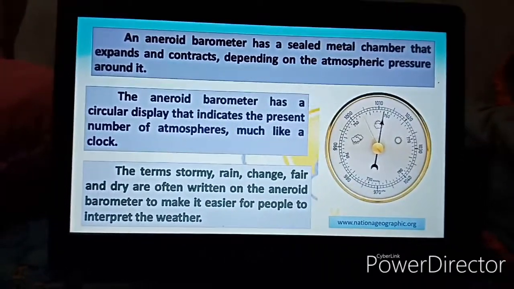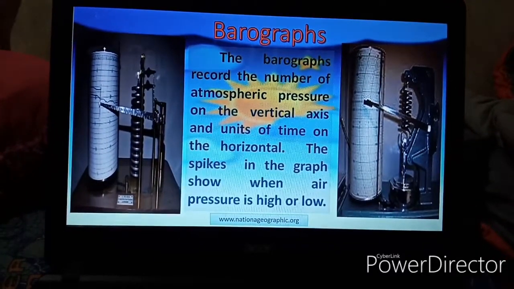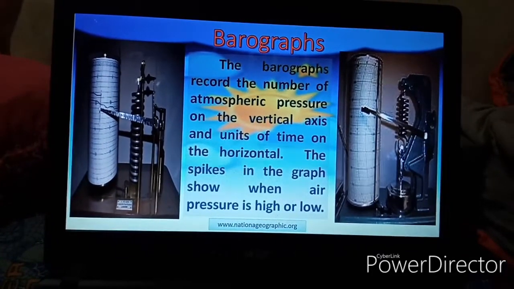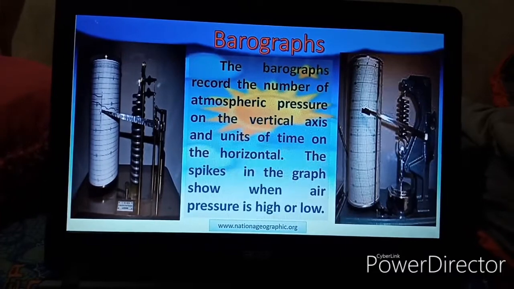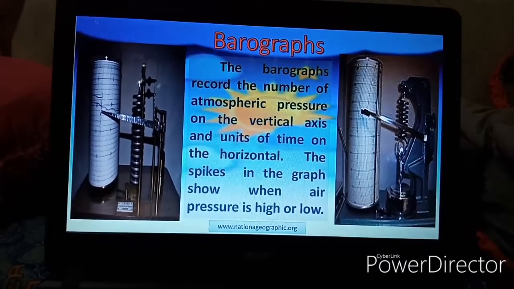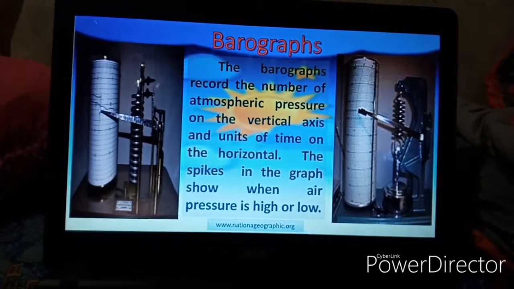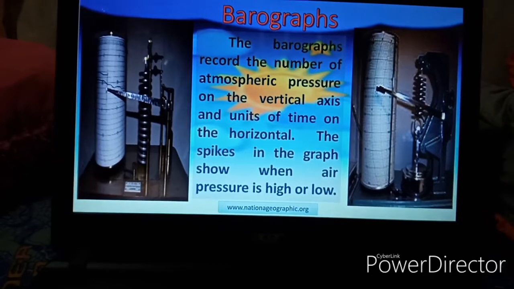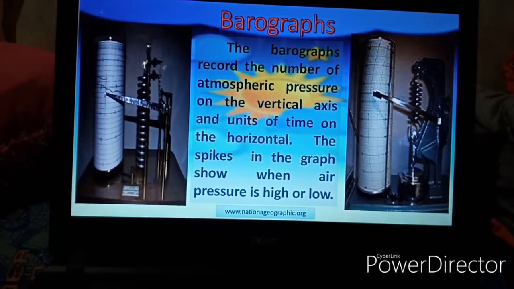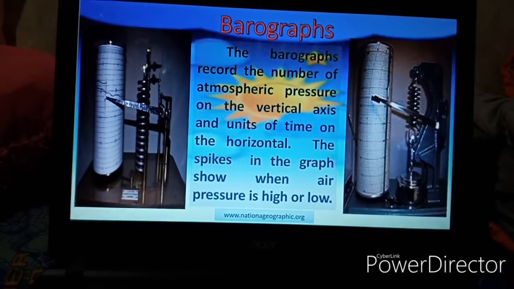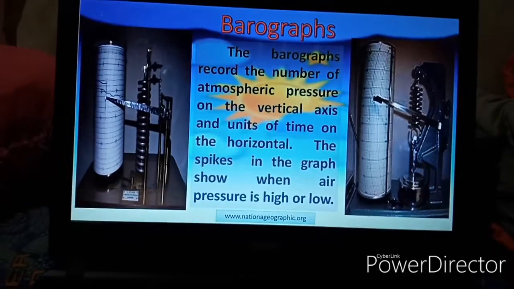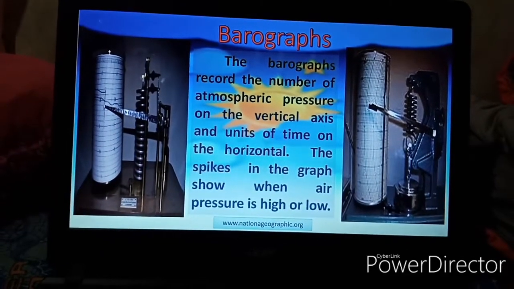This tool is called a barograph. A barograph records the atmospheric pressure on the vertical axis and units of time on the horizontal. The spikes in the graph show when air pressure is high or low. A barograph is a tracking tool that will rotate. It usually rotates once every day, week, or month, depending on the format of the barograph.